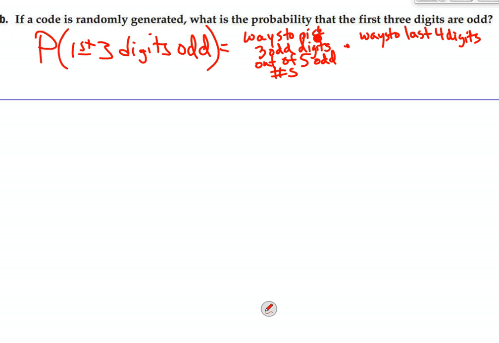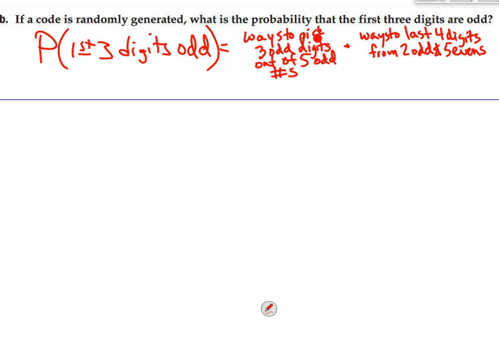And where are they coming from? Where are those last 4 digits coming from? Well, anywhere, but remember, because this is a winning situation, right? So I've used 3 odd digits to win, right? So to get the rest of my win, I'm choosing these 4 digits out of how many odds and how many evens? From 2 odds and 5 evens.